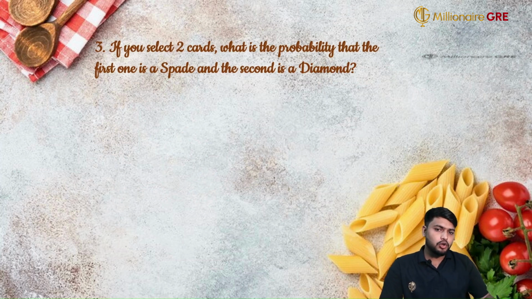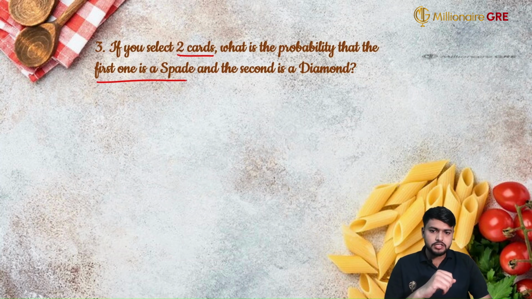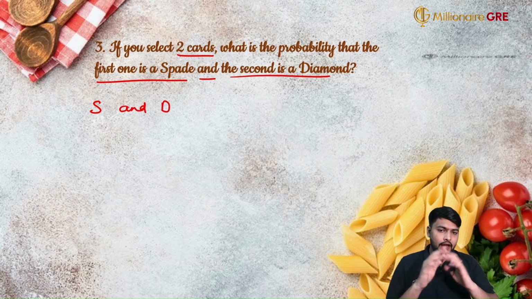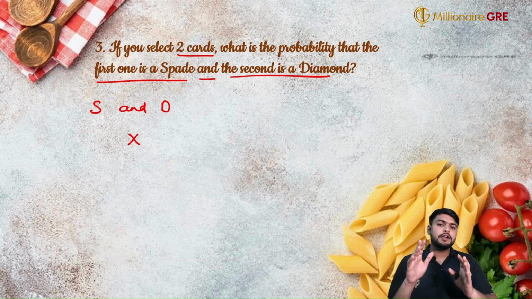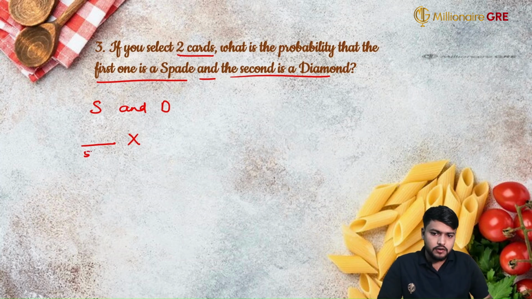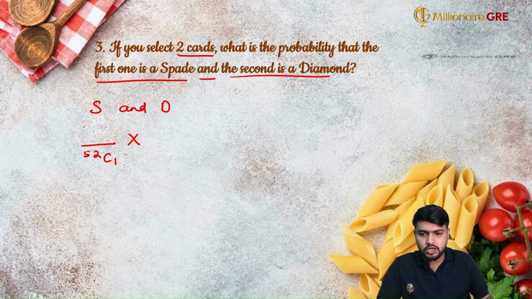If you select two cards, what is the probability that the first one is a spade and the second one is a diamond? Now AND means multiplication. What is the probability that the first card is a spade? The total ways to select one card out of 52 cards is 52C1, and one spade out of 13 spades can be chosen in 13C1 ways.